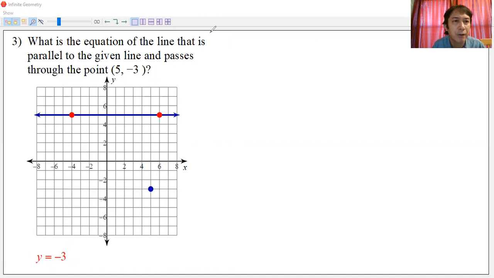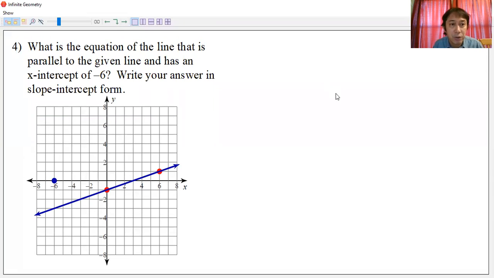Let me just clear the answer and then proceed to the fourth. Okay, here's the fourth. Let's read the problem. What is the equation of the line that is parallel to the given line and has an x-intercept of -6? Okay, x-intercept of -6. That means the required line will have to pass through (-6, 0).